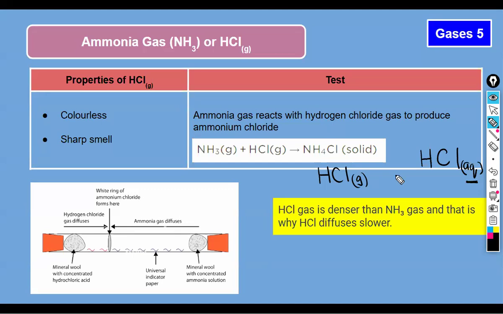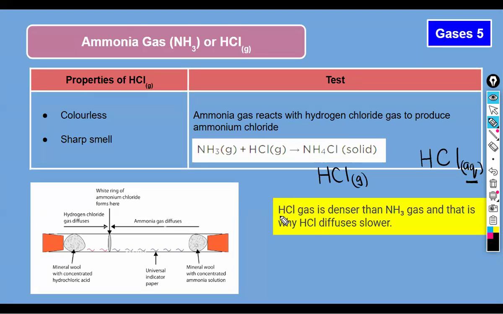You can't even use the word acid there, because acid suggests that it's dissolved in something, and most of the time it will be water. So HCl(g) is really hydrogen chloride gas, and it is not considered to be an acid. So I just wanted to clarify that. That's the first thing.